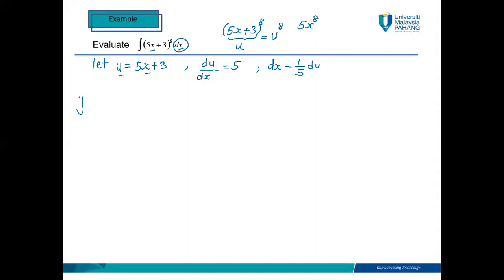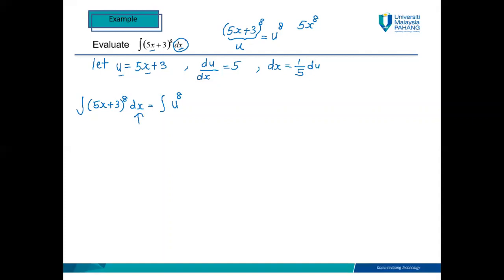So we go back to the original one, which is the integral of (5x + 3)^8 dx is equal to integral of, okay, 5x plus 3 we substitute with u, so u power of 8. What is our dx now?